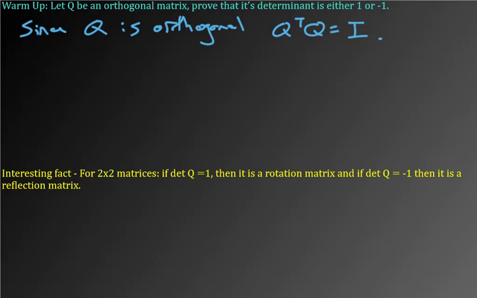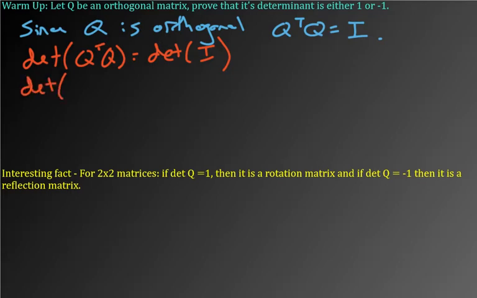So we might as well take the determinant of both sides. So determinant of Q transpose Q should equal determinant of I. Then we're just going to use determinant properties. The determinant of a product is the product of the determinants of each of those things. We also know that the determinant of the identity is 1, right?